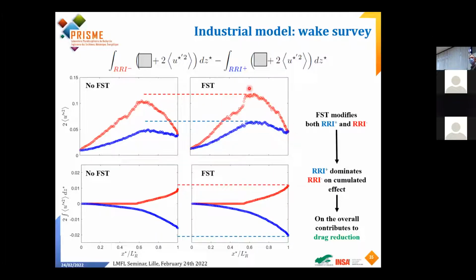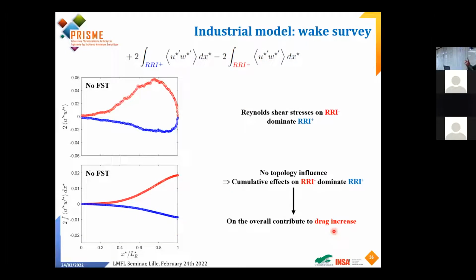You see that in both cases, the free stream turbulence increases the value of the Reynolds stresses, whether upper or lower, and it also increases the cumulative action on the drag. So at the end of the day, the free stream turbulence will increase the drag reduction. All right, for this term.